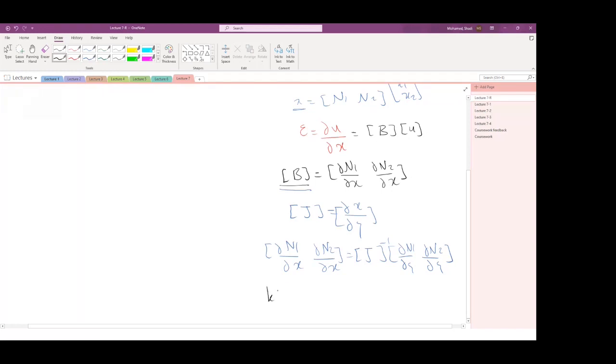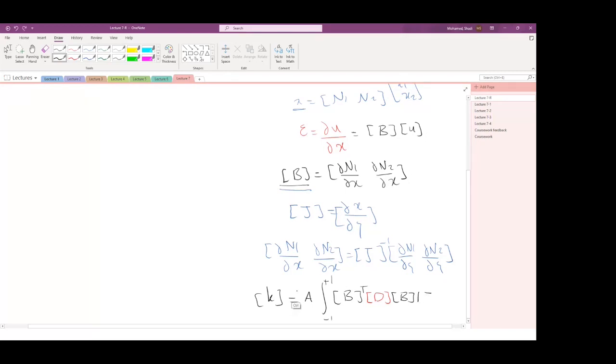I'm just going to write the stiffness matrix as well, which is equal to A. For the time being, I'm going to revert back to the older version of the stiffness matrix, so I'm not putting E in here just yet. It is B transpose multiplied with D. We said that in the 1D case, D is simply the elasticity modulus, but since we are going to discuss the 2D case, I'm going to put it in red for now, multiplied by the determinant of the Jacobian.